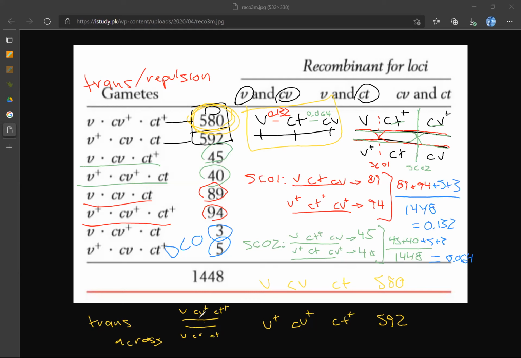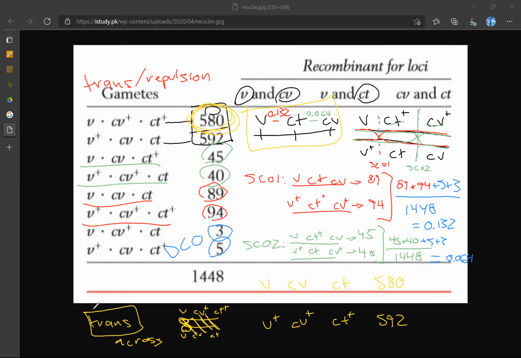And it's in trans because across this space from one chromatid to another, or one homologous chromosome to another, they aren't the same. That's what the trans refers to.